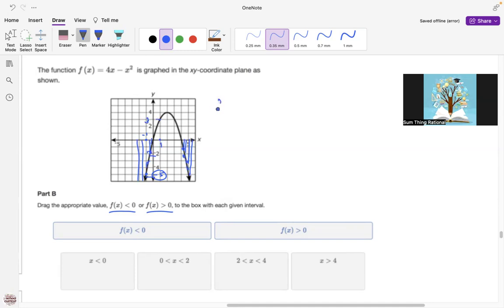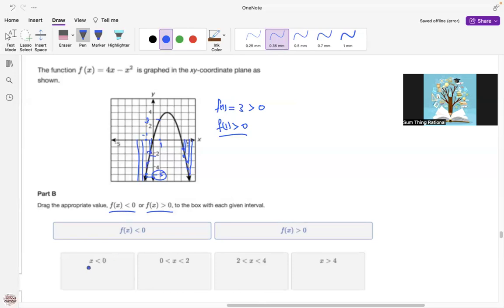So f of 1 is 3, which is bigger than 0. So I'm looking for where f of x is bigger than 0 and where f of x is less than 0, which part of the graph is above the x-axis and which part is below the x-axis.